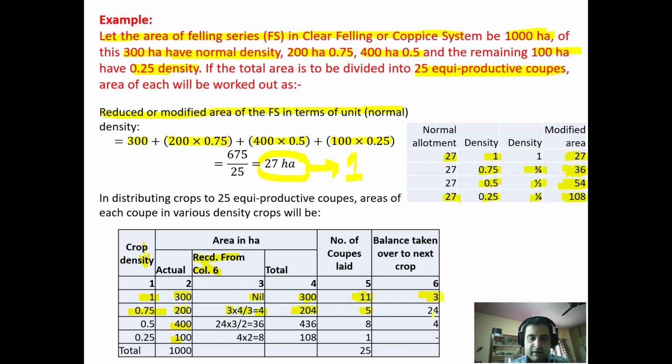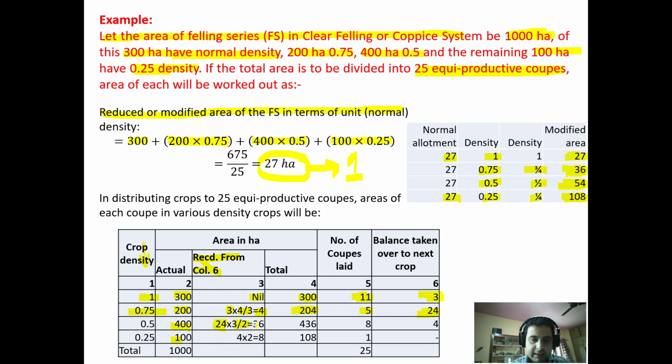Now we have a balance of 24 hectare which is to be taken to the next density class. The next density class has received 24, but where has it come from? It has come from 3/4 density to 1/2 density. So 3/4 is to be divided by 1/2, which becomes 3/2.